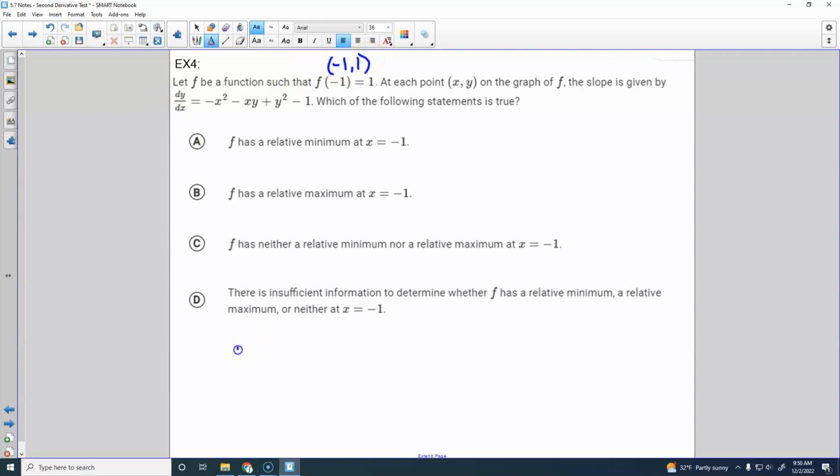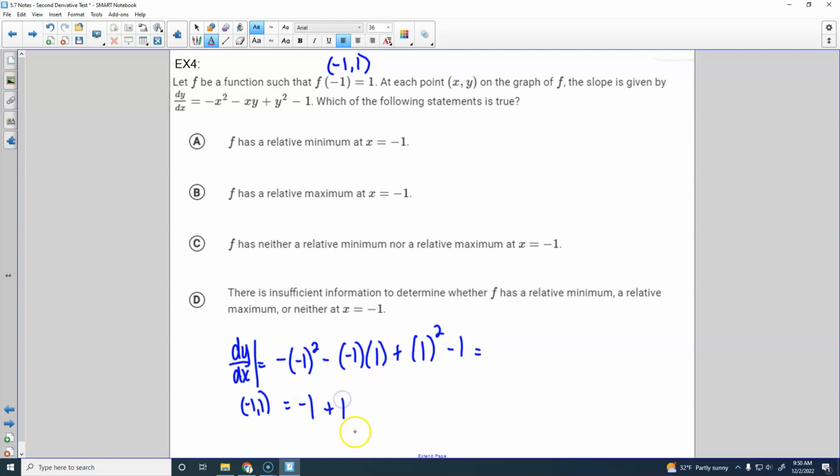So if we look at the derivative at -1, 1, I would have -1 squared minus -1 times 1 plus 1 squared minus 1. So I'm just plugging into the derivative here, plugging in those x and y's. So that would give me -1 plus 1 plus 1 minus 1. What does that give us?